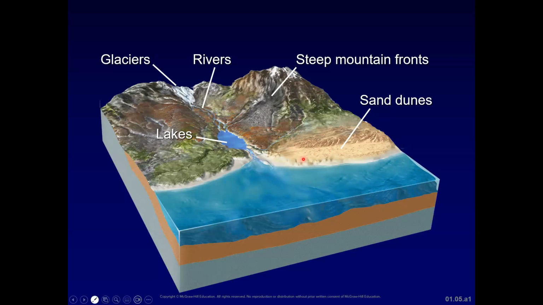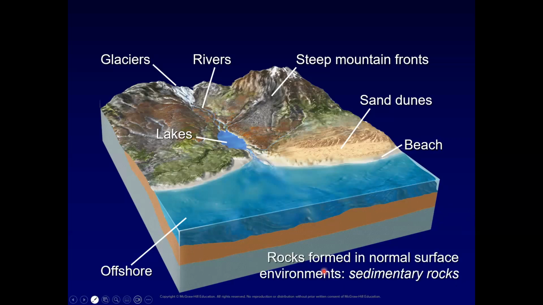Many beaches, of course, are mostly sand, but some can have rounded stones or angular stones, depending on the source of material that we have in that specific area. As we go further offshore, we can expect smaller sediment sizes like mud and the remains of sea organisms. Rocks formed in these surface environments are called sedimentary rocks.